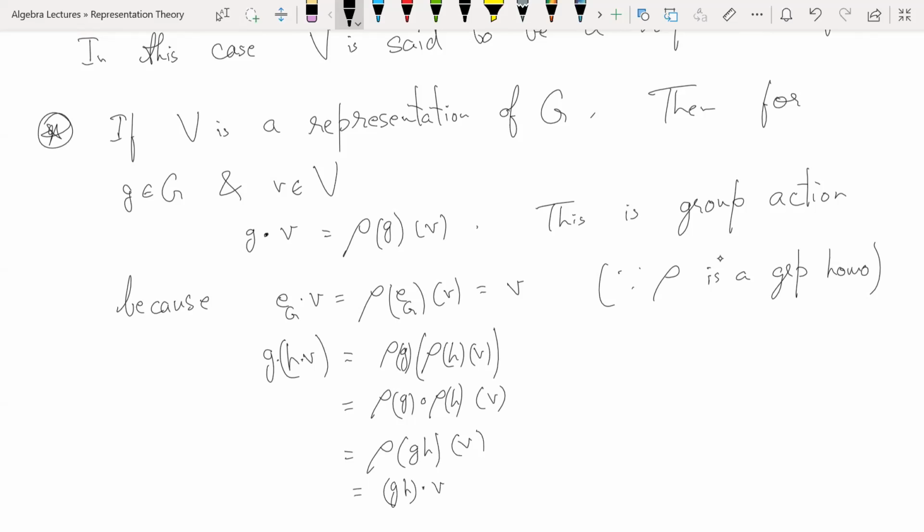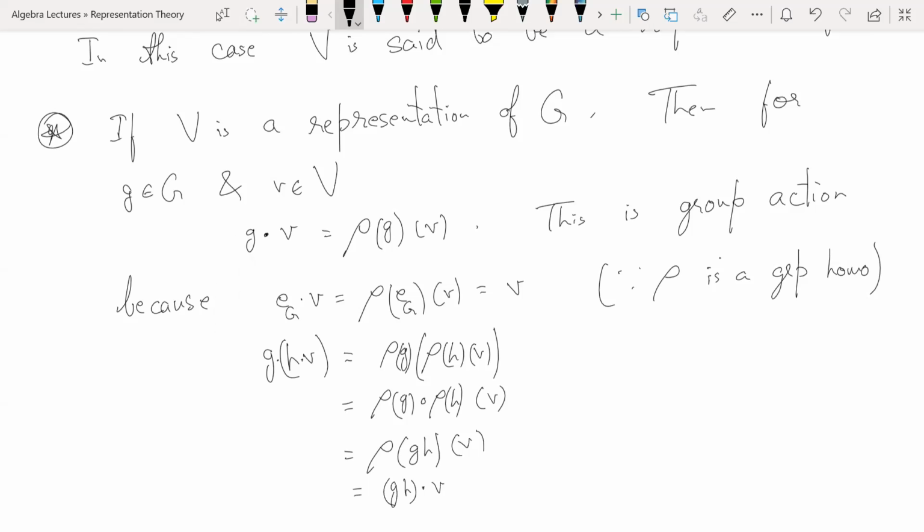So our representation gives you a group action, but it's not just an arbitrary group action. If you are given a group acting on a set V, then each element of G will induce a bijective map of V. Of course, every element of GL(V) induces a bijection on V, since it's an invertible matrix or invertible linear map.